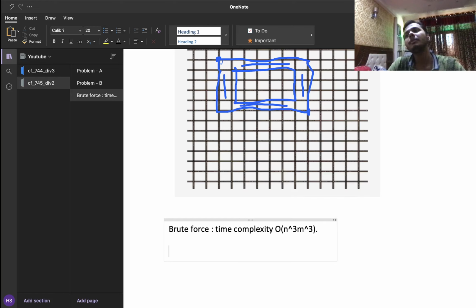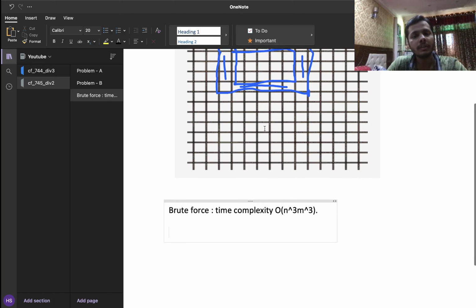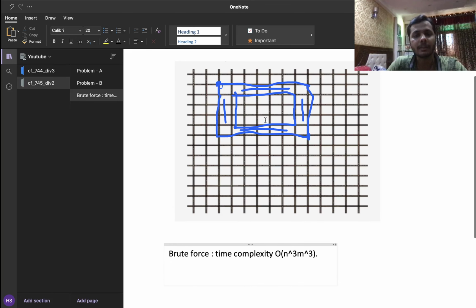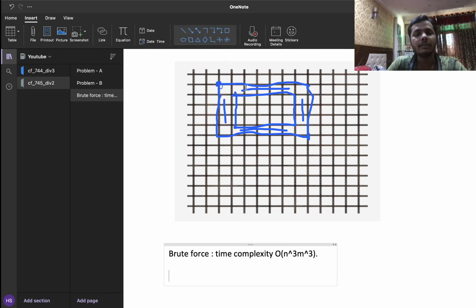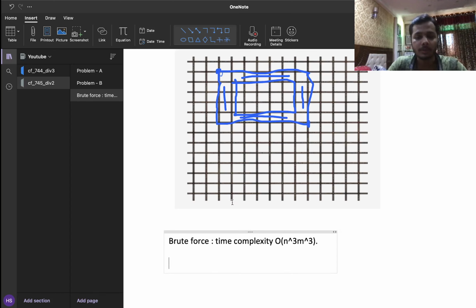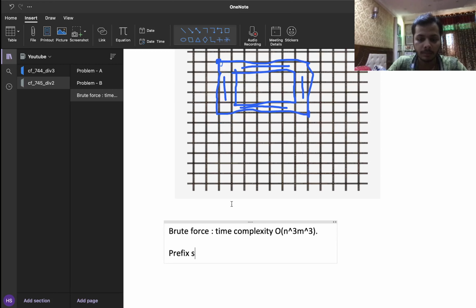A simple optimization would be to use prefix sums, 2D prefix sums, right? If you don't know 2D prefix sums, you don't need to worry, I think I'll be covering them here. So using prefix sums, we can actually calculate this stuff inside every rectangle in constant time, and that would bring the time complexity down to O of n square m square, right?